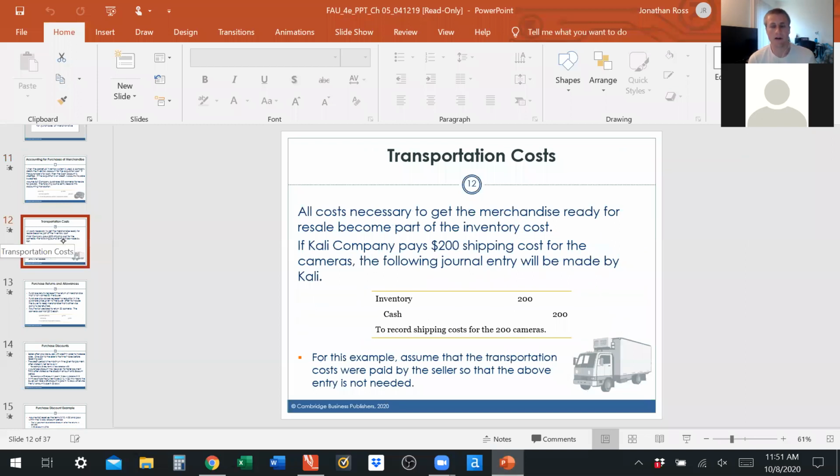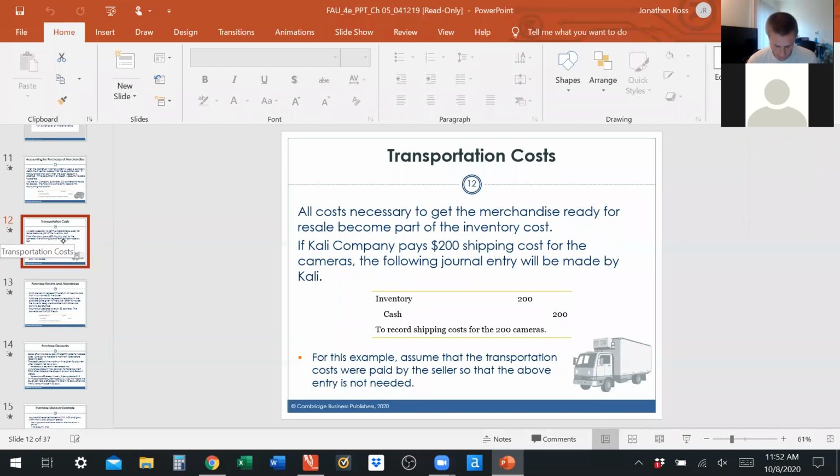For transportation costs, if Kaylee has to pay the shipping costs, then if they use a perpetual system, they would debit inventory for the shipping costs, credit cash. If they use a periodic inventory system, they would debit the temporary account called freight in. Debit freight in for 200, credit cash for 200. That's if they had to pay shipping.